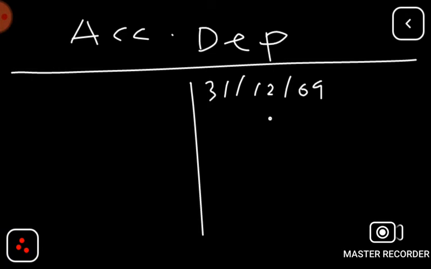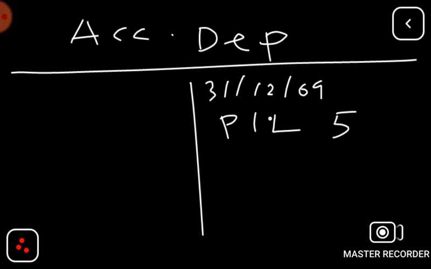in this account we have 31st December 2009, we're going to write that date and we're going to write profit or loss. Profit or loss, I'll just abbreviate it like that. But then what was our accumulated depreciation in 2009?